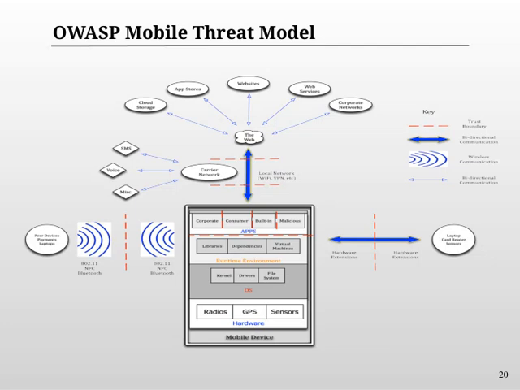Let's take a closer look at the OWASP Mobile Threat Model. This model is a valuable framework that helps us understand the different security risks and vulnerabilities specific to mobile applications. It categorizes threats into various areas, such as data storage, communication, and reverse engineering, which allows us to systematically identify where our apps might be vulnerable. By understanding these categories, we can prioritize our security measures more effectively.